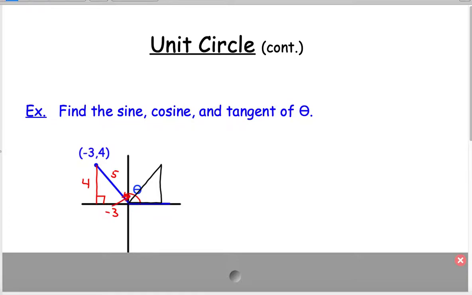The only difference is the sine of this new angle here, the supplement of theta, will be opposite over hypotenuse. So in this case, 4 over 5. But the cosine of this angle here would be positive 3 over 5 instead of negative 3 over 5.